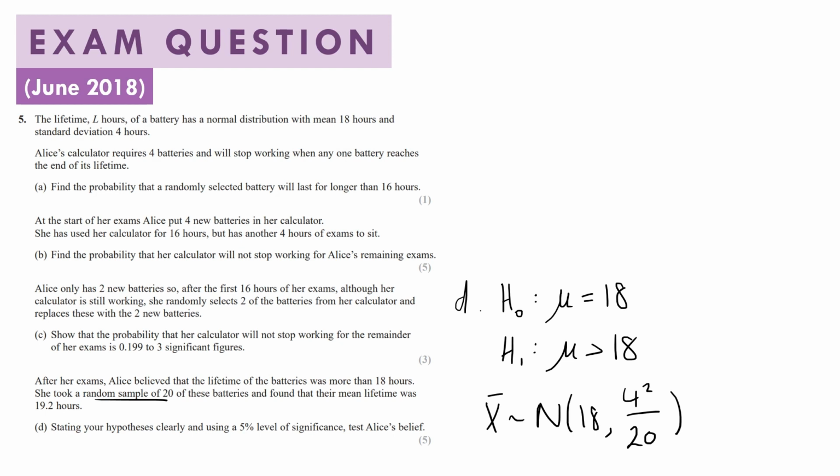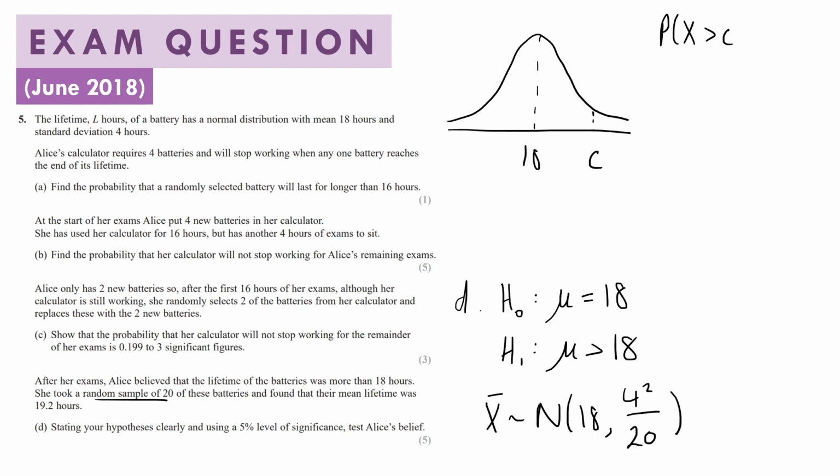Now we need to find our critical value, which will look on the curve like the point here. Let's call it C, where the probability that x is greater than this value of C is equal to 0.05, the significance level, so that this area here is equal to 0.05.